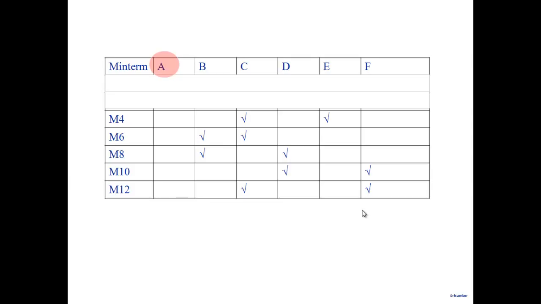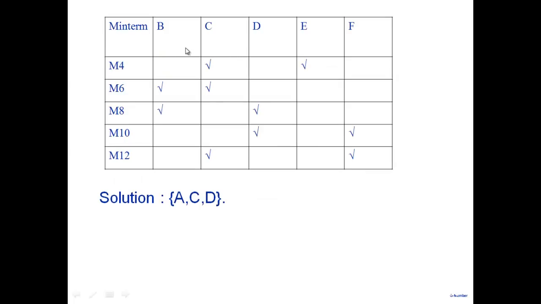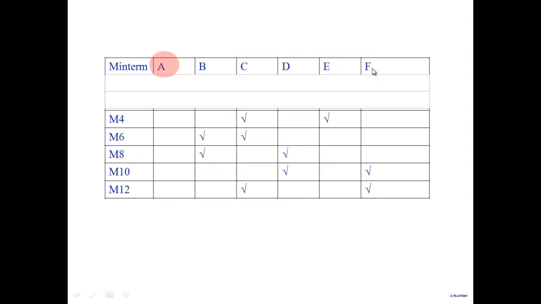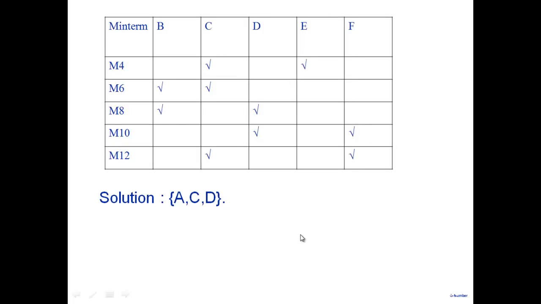Is there anything which is essential? We've eliminated these two, so our table becomes B, C, D, E, F.